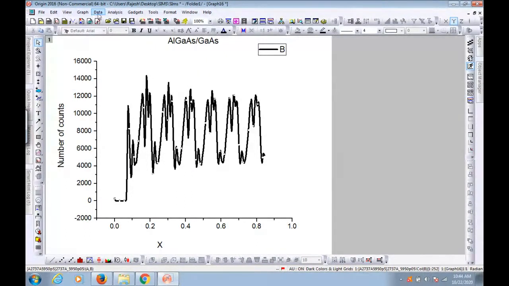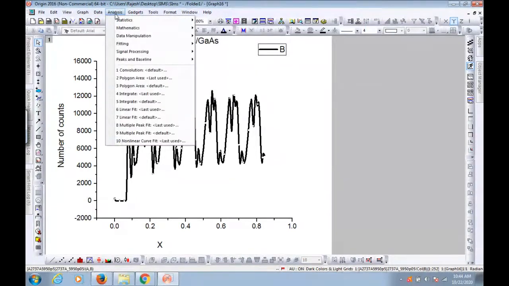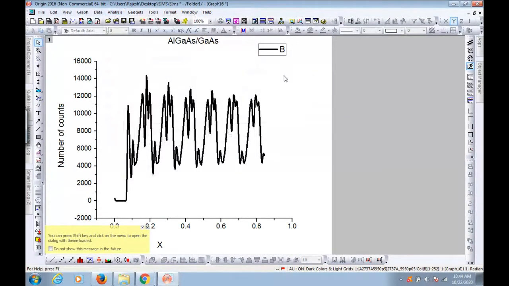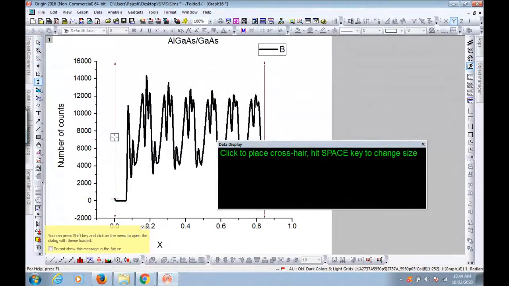And how to do that? From here you go to the analysis, and from here mathematics, and integrate. If you would like to integrate, then you have to define the range. Let me define the ranges in this case.